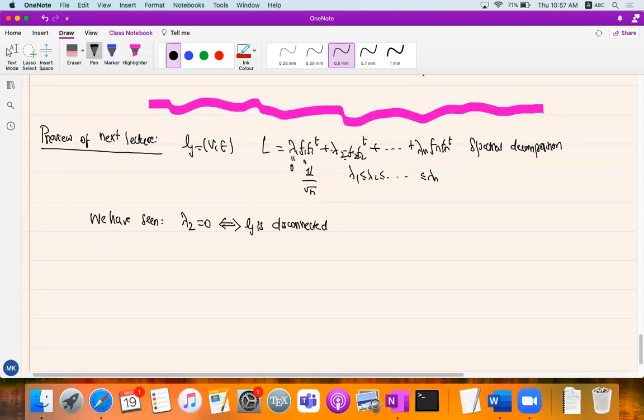Now, in many graphs, it is not really disconnected. So when is disconnection important? Maybe let's say you have a class of students, and there are two groups where they don't talk to each other. So let's say a friendship graph in a class. For some reason, maybe politics, maybe something else, they have formed groups.